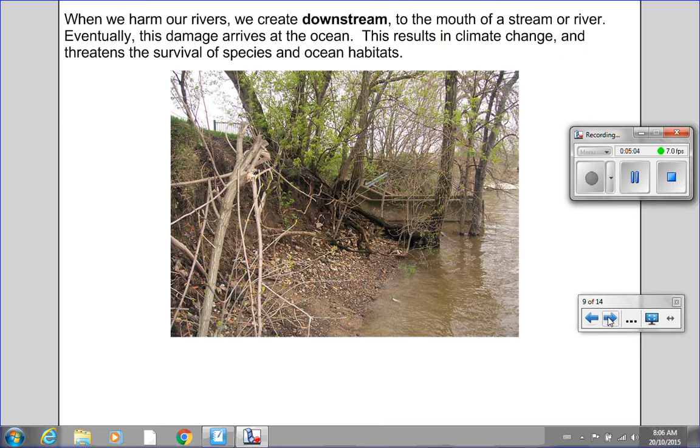When we harm our rivers, we create damage downstream to the mouth of a stream or river. Eventually, this damage arrives at the ocean. This results in climate change and threatens the survival of species and ocean habitats.